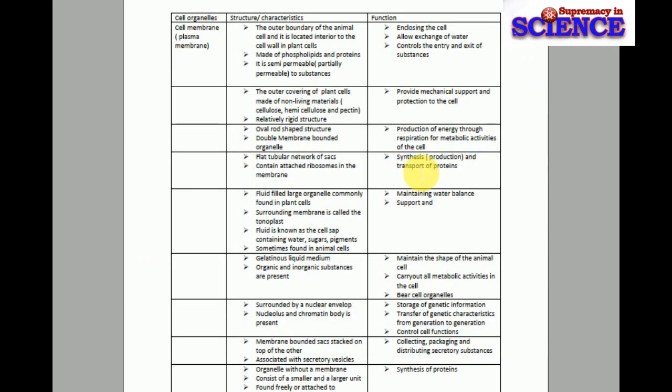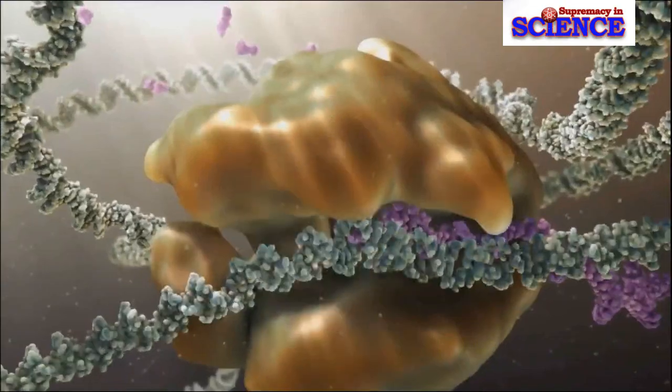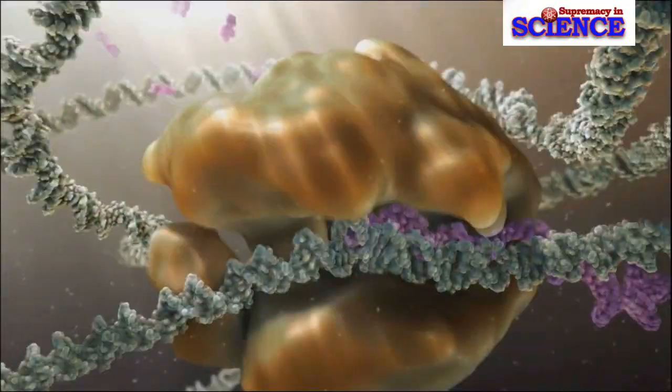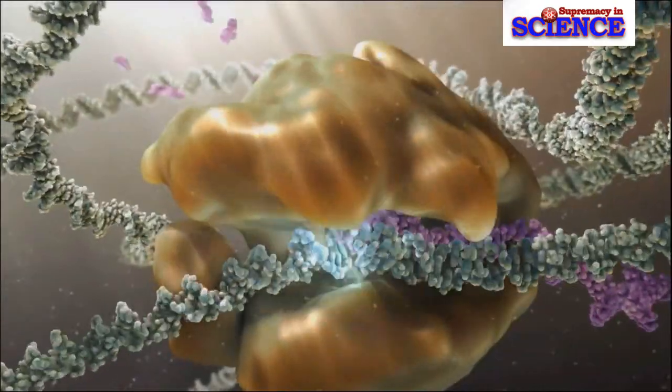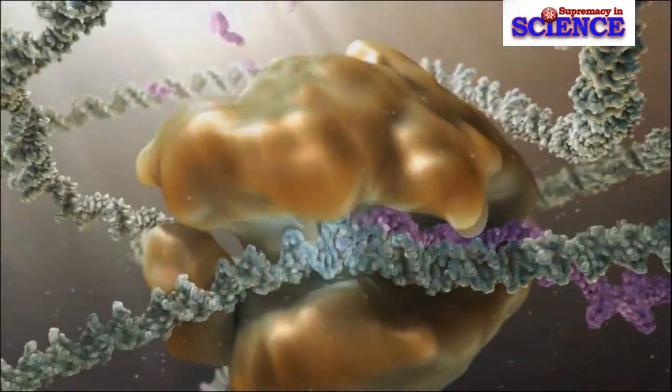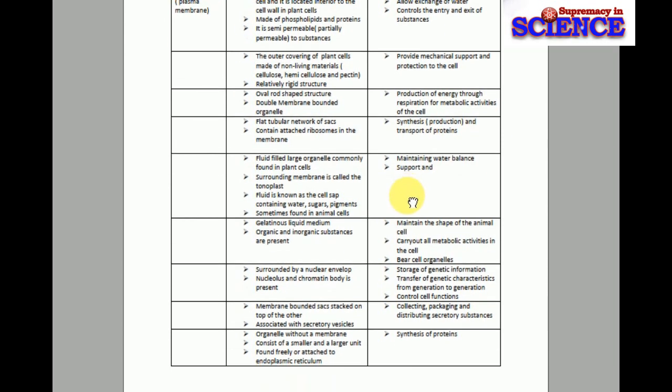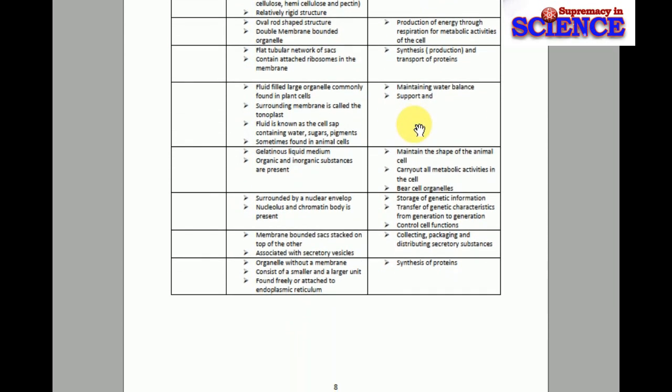The major function of ribosomes is to synthesize proteins. Ribosomes take the amino acids, the building blocks of proteins, and synthesize a large chain of protein, a polypeptide. That is done by ribosomes, and these ribosomes are attached to the endoplasmic reticulum. So the reticulum is able to transport these proteins throughout the cell. So that's the united function between the ribosomes and the endoplasmic reticulum in RER. RER means rough endoplasmic reticulum.